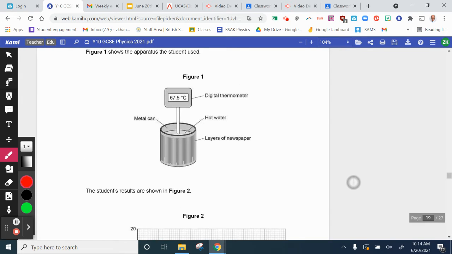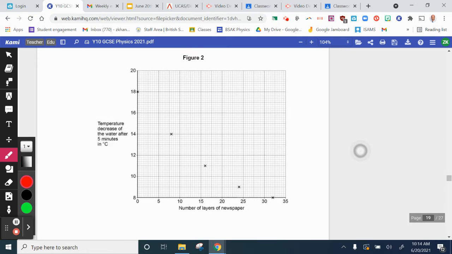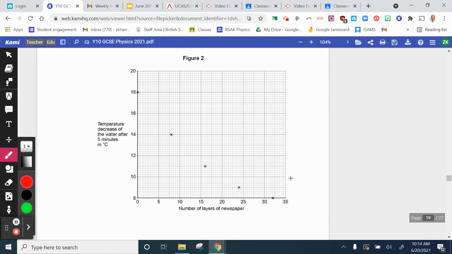So what we are trying to do in this experiment is to investigate insulating properties. And as we can see, we've got the temperature decrease on the vertical axis and the number of layers. So when we have no layers of newspaper, the temperature dropped by 18 degrees.